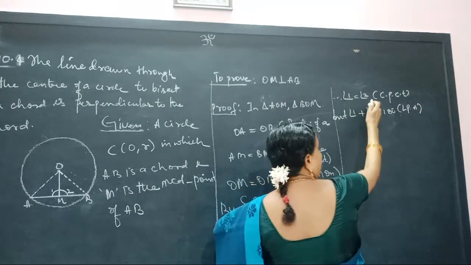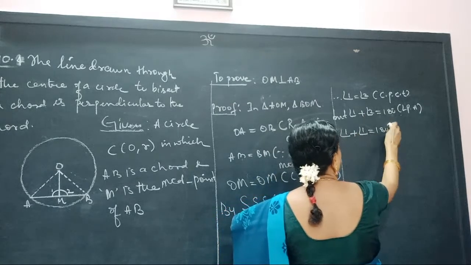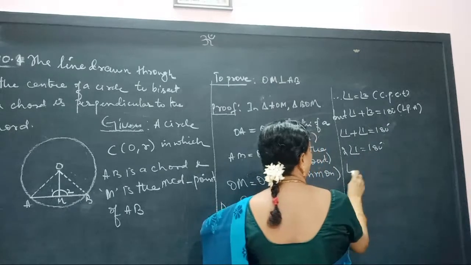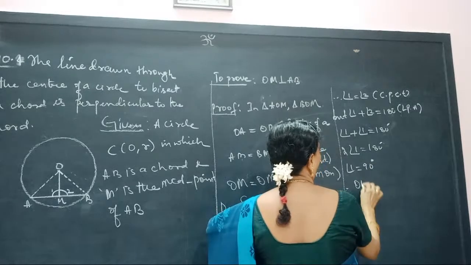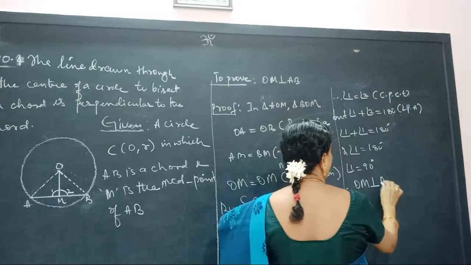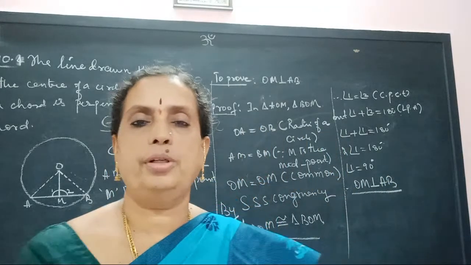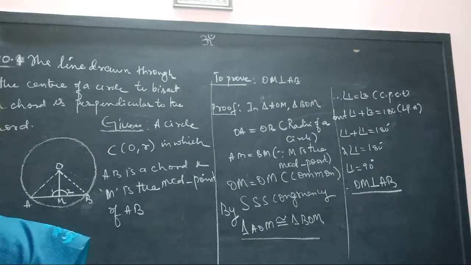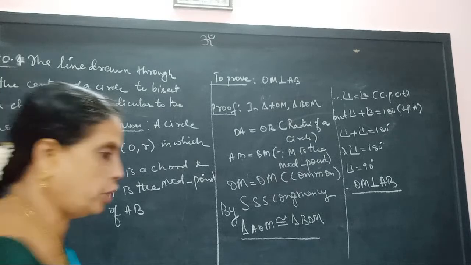Since angle 1 equals angle 2, we can write angle 1 plus angle 1 equals 180. 2 of angle 1 equals 180. Angle 1 equals 90 degree. Therefore, OM is perpendicular to AB. Yes, good. Now, complete it and check it once.